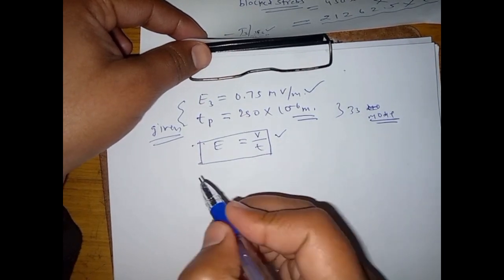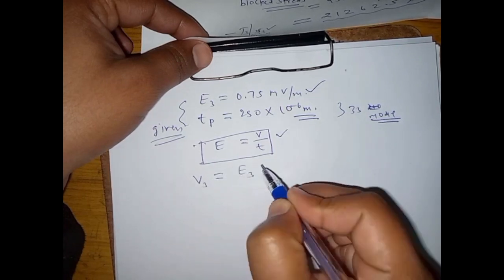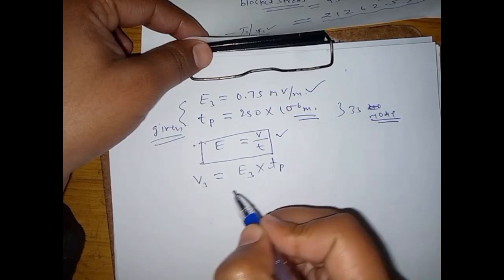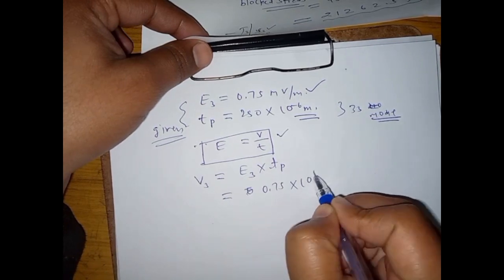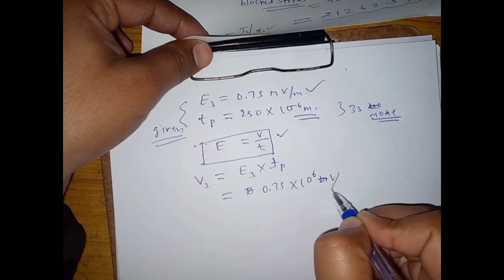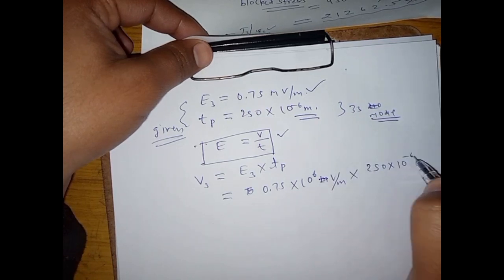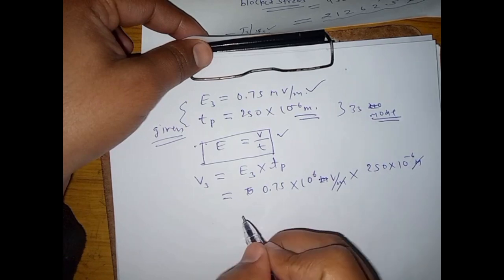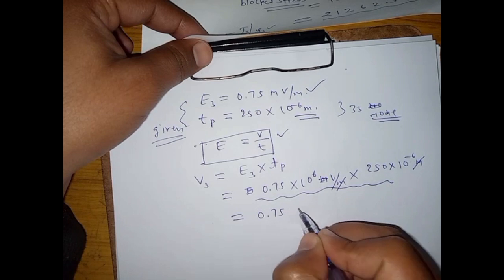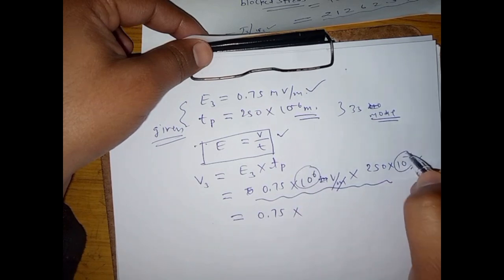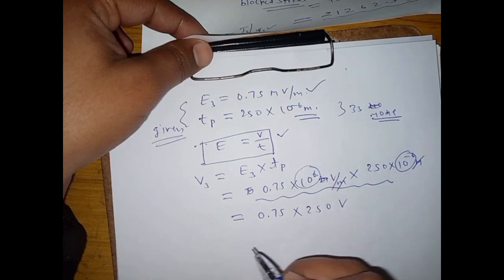So we have to compute the voltage V3, which is E3 multiplied by the thickness tp. So E3 is 0.75 times 10 to the power 6 volt per meter multiplied by 250 times 10 to the power minus 6 meter.